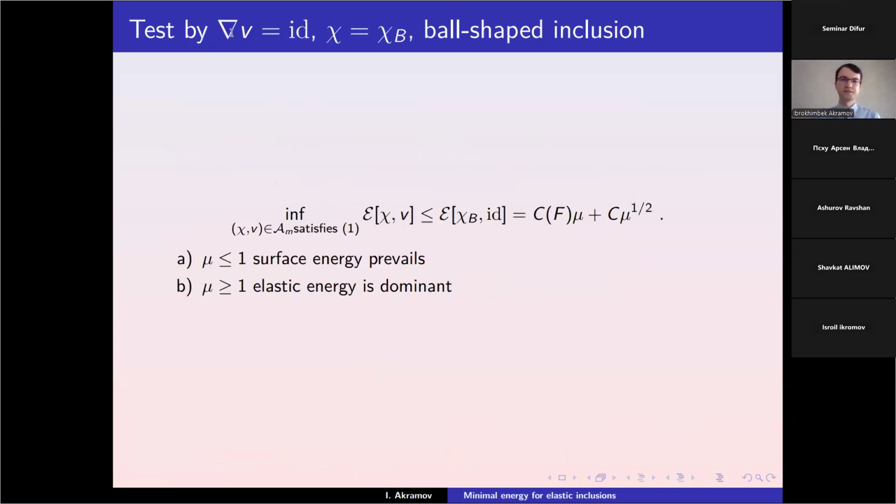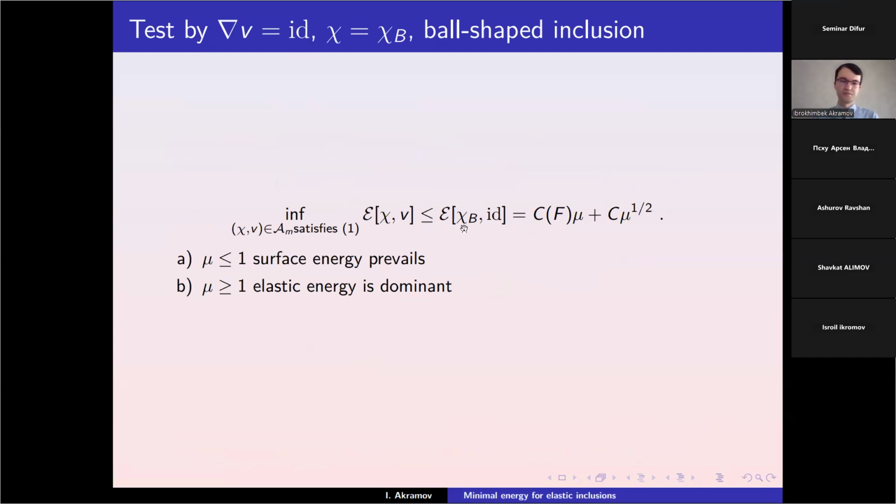Next, for the upper bound, we can test by taking gradient of v equal to the identity, and chi such that the support of chi is just a ball-shaped inclusion.